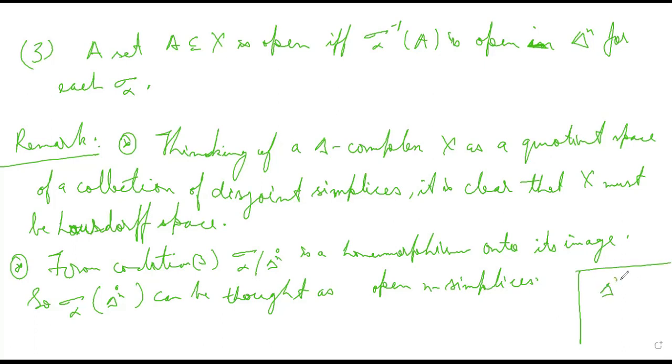Because the interior of delta n is homeomorphic to an n cell, that is the interior of the closed unit n ball or disk.